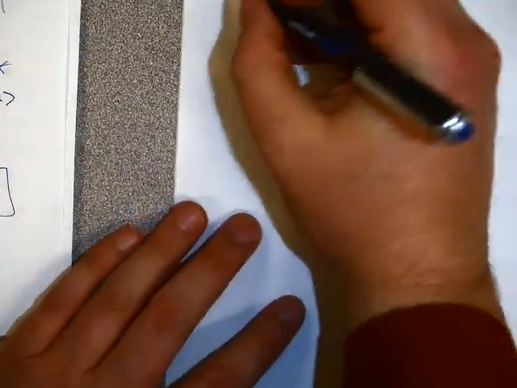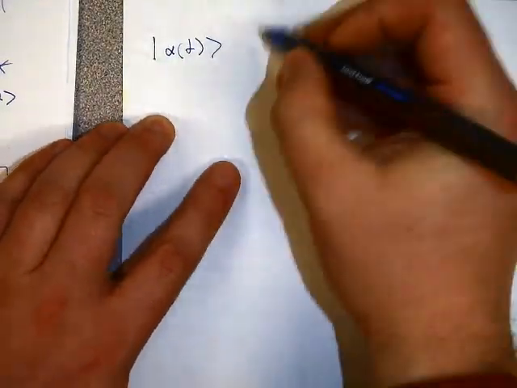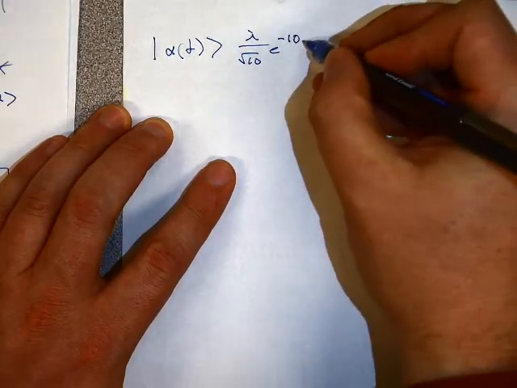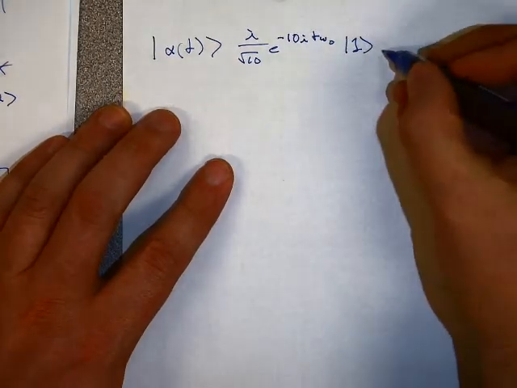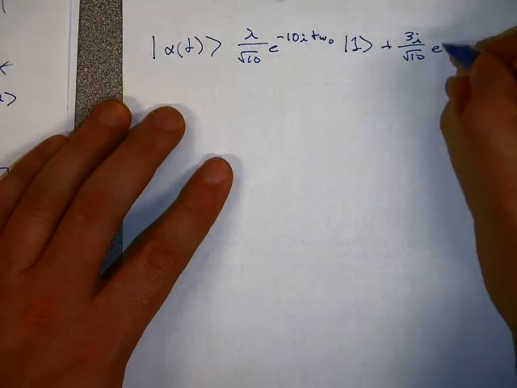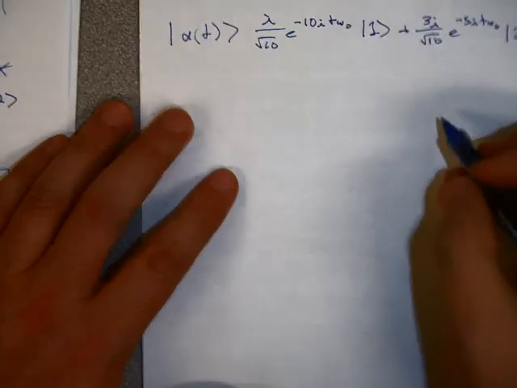Here was alpha of t: i over root 10 e to the minus 10i t omega naught, 1, plus 3i over root 10 times e to the minus 5i t omega naught, 2.